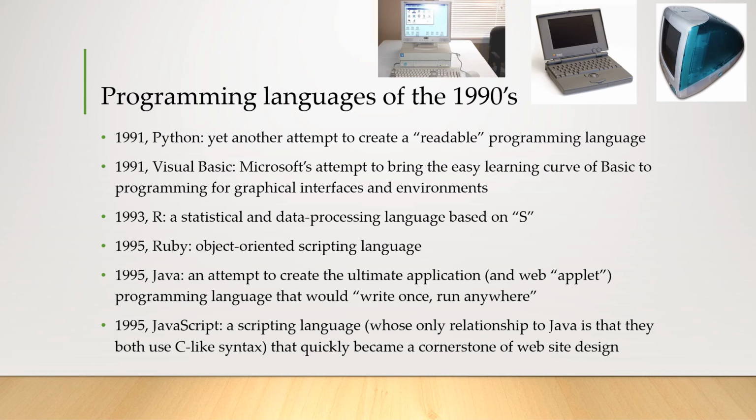Java was named after a common euphemism for coffee, and its logo actually is a little coffee cup. Java was an attempt to create the ultimate application and web applet programming language that would let you write once and run everywhere.